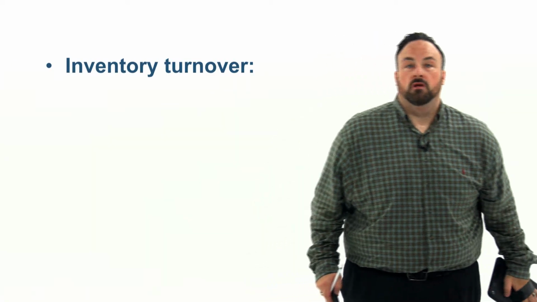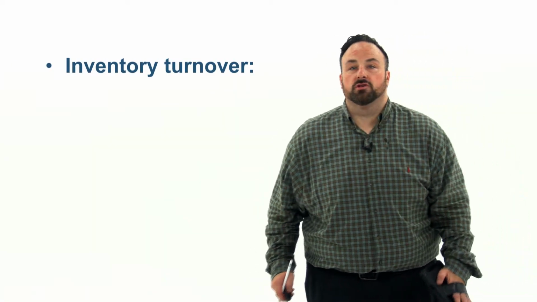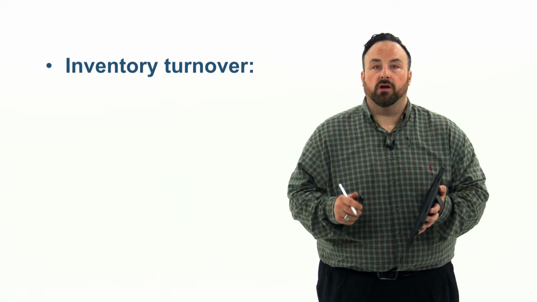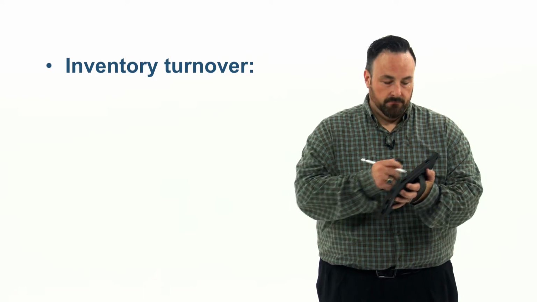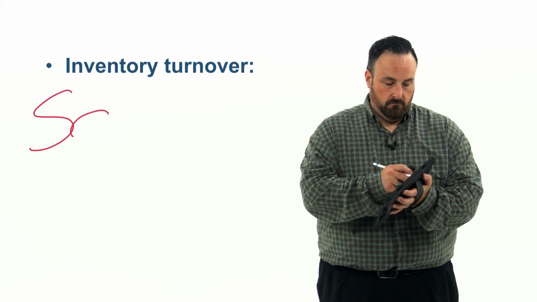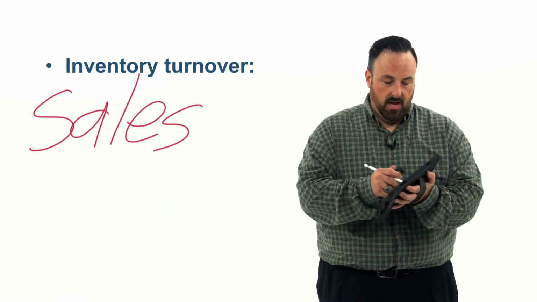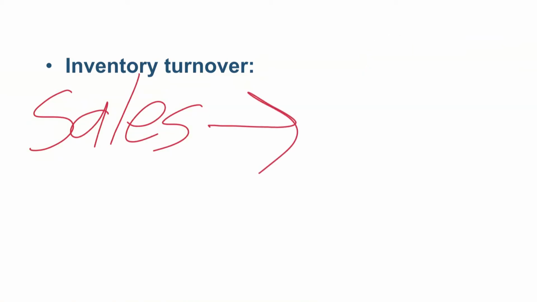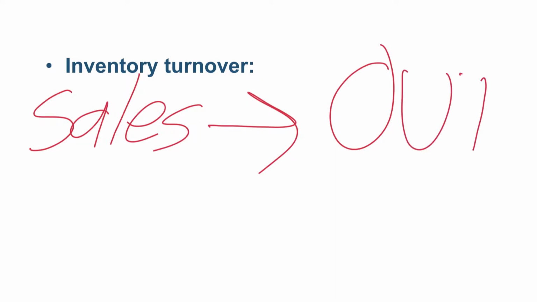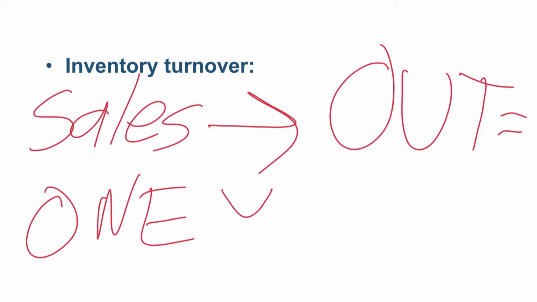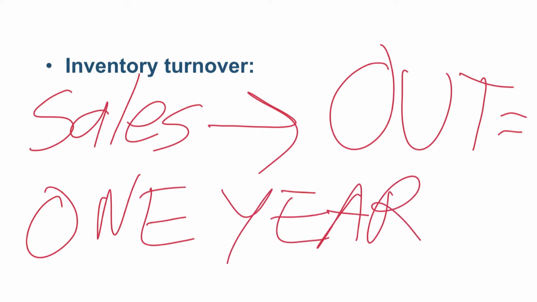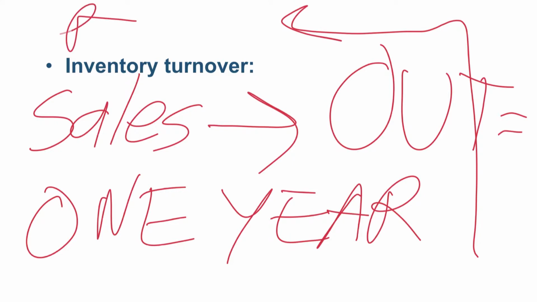Inventory turnover. Inventory turnover measures the number of times inventory completely sells out in one year. That means all your product is gone and you have to reinvest in inventory. That's actually a good thing. That means everything else went up for profits.